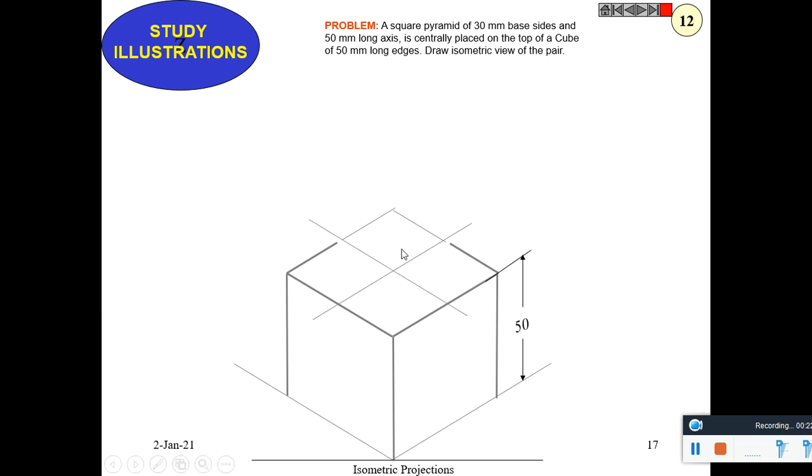Above this, the square pyramid has to be drawn. For that, a square pyramid of base 30 millimeter. So this is the 30 millimeter base. Now its height is marked 50 millimeter and these points are joined.